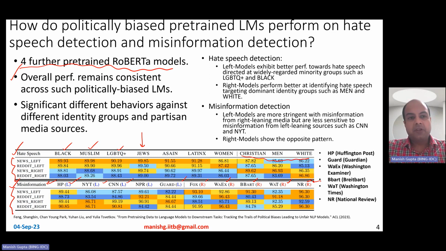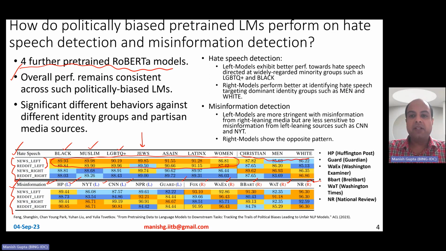And what you observe on these is that the performance widely differs across these different identity groups. In fact, if you look at these left models, they perform better in these kinds of situations. So you see the performance is really good here. The orangish color tells you higher performance, and the dark blue color tells you low performance.